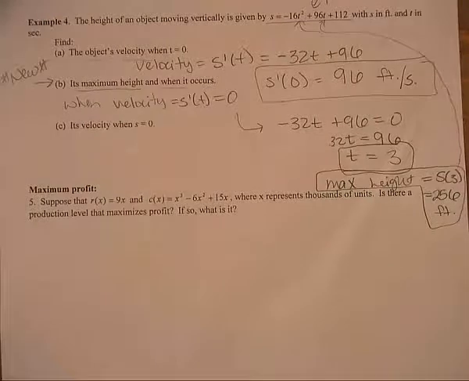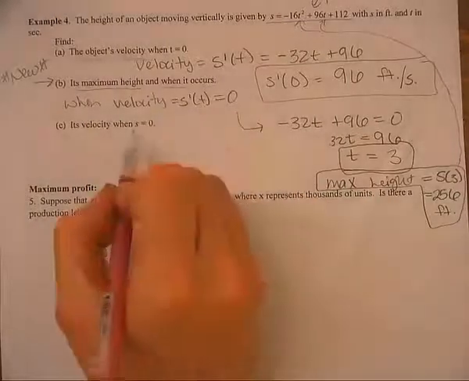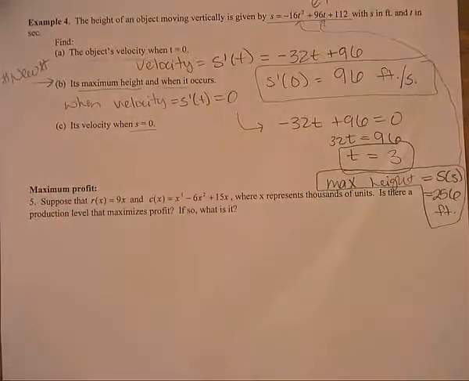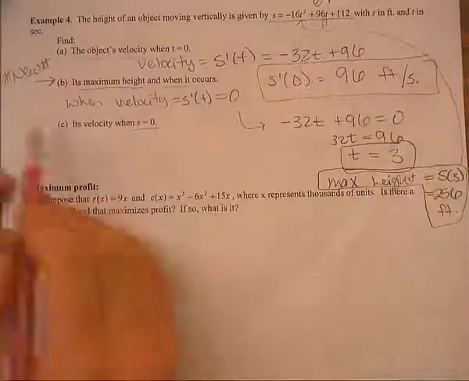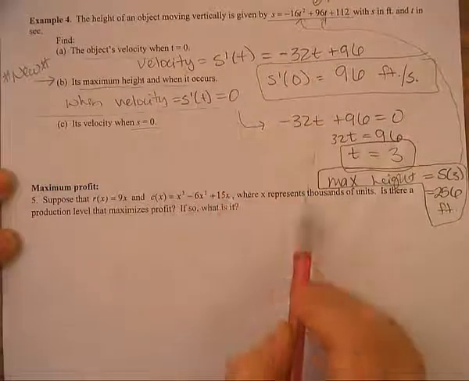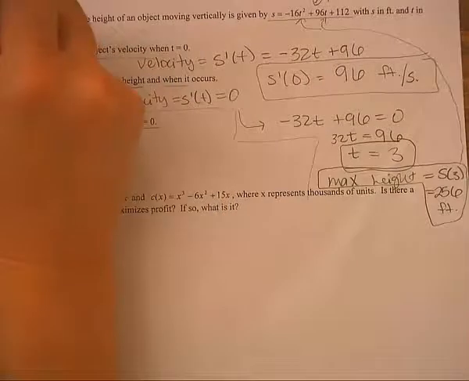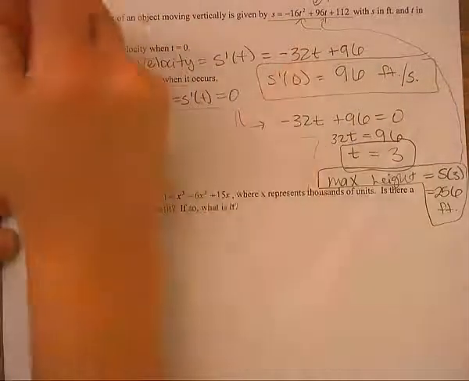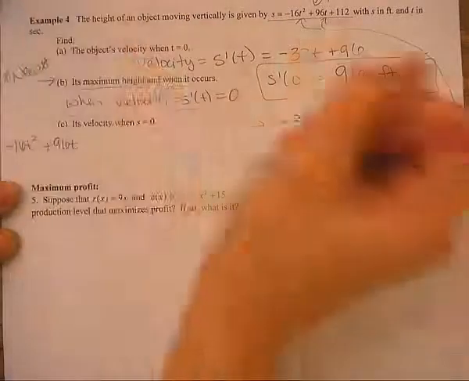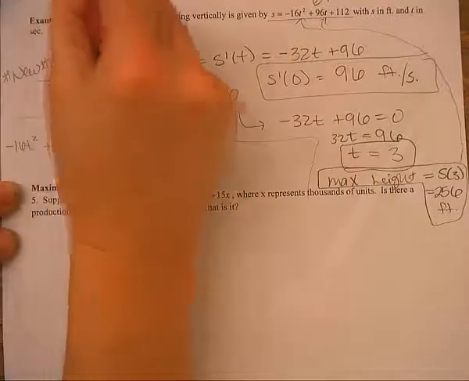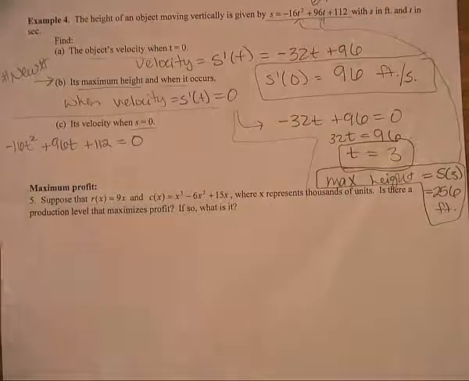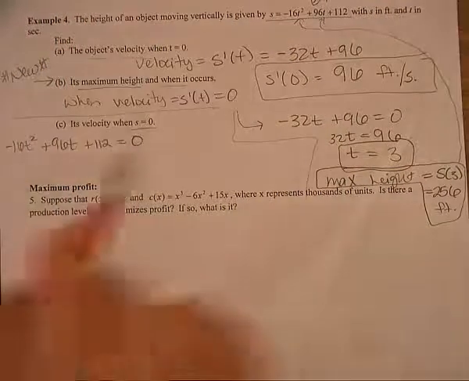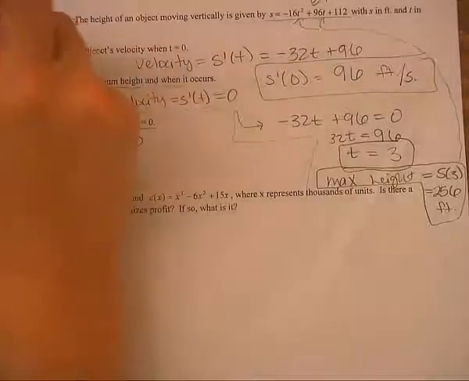Last question it wants to know is, what is the velocity when s, that's the position, is 0? So I'd have to take this position function up here and set that whole thing equal to 0. And so this is just like solving a quadratic. Maybe I'll factor out a negative 16.